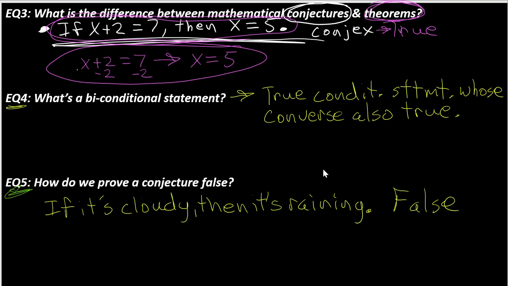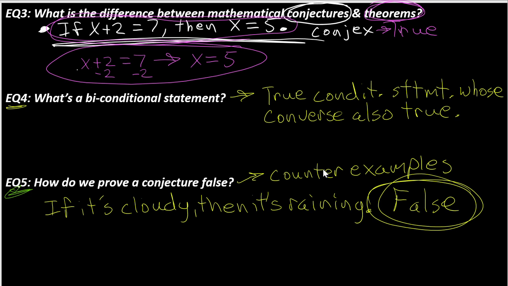A counterexample to this. So we prove conjectures false with counterexamples. Okay, a counterexample to this is if you walk outside and it's cloudy but not raining, that is a counterexample of this because it proves it false.